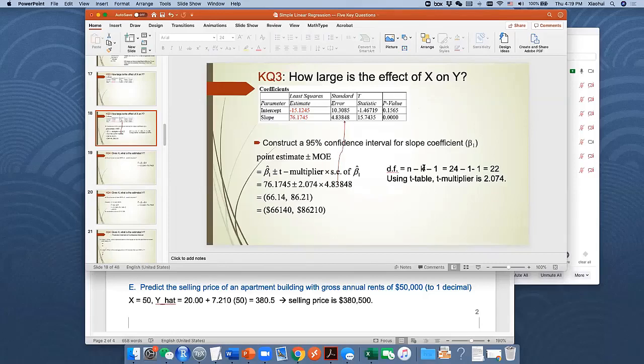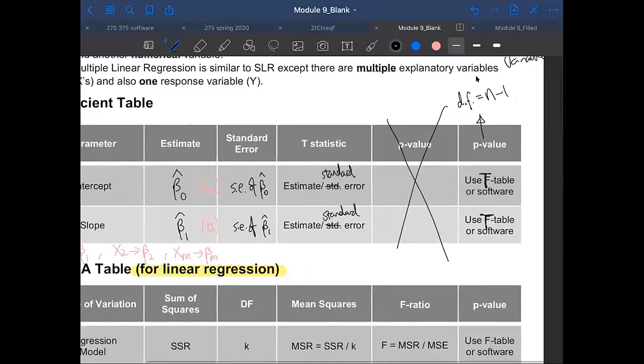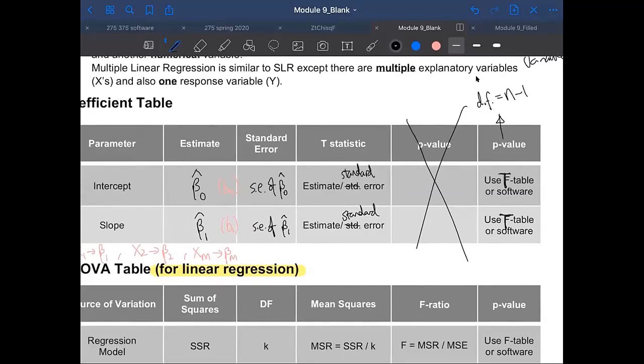Just like I said earlier, for simple linear regression, this is always 1. So that's going to be n minus 1 minus 1, so n minus 2. That's an excellent point that you guys raised, and so I'm going to change this one. So it is n minus k minus 1, right?